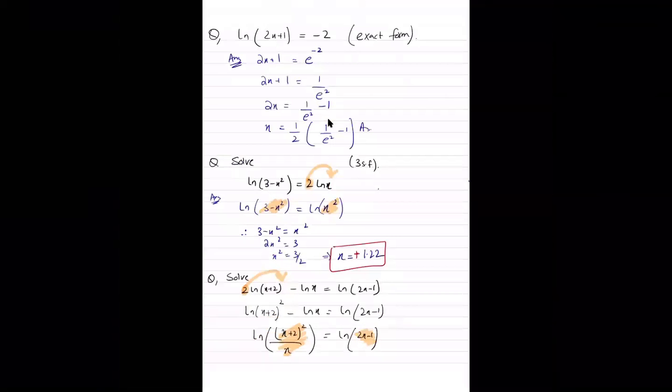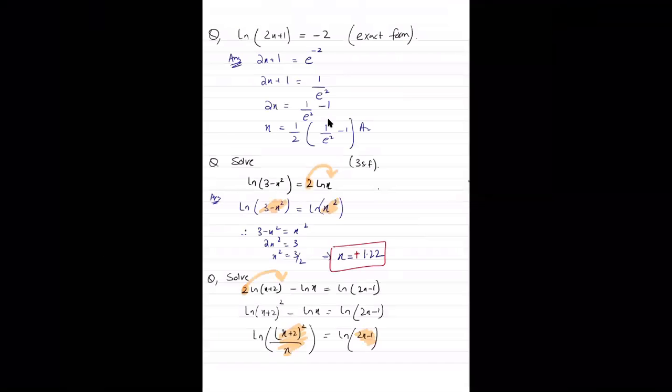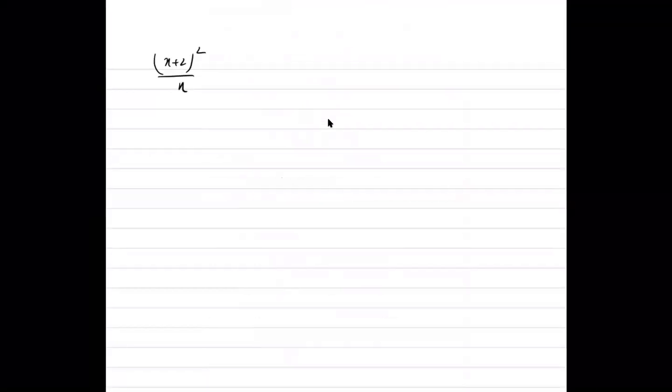So x plus 2 the whole thing square upon x must be equal to 2x minus 1. So from here you can get a quadratic equation which you solve will result in the value of x.